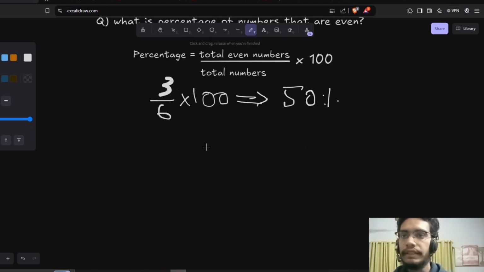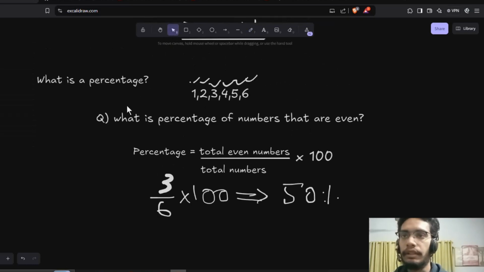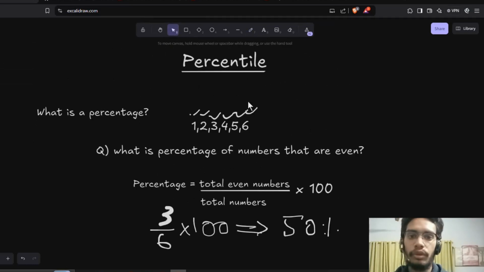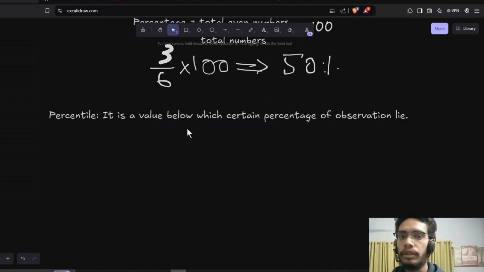Now, what is a percentile? That is our main aim to learn in this session. Okay, so what is a percentile? It is a value below which a certain percentage of observations lie. Maybe you don't understand by the definition, so let me explain it with an example.